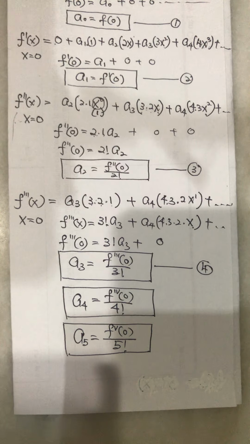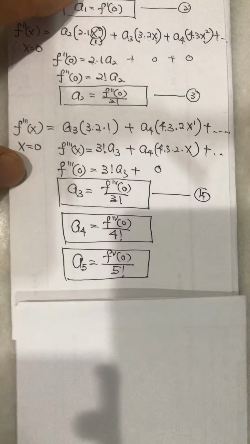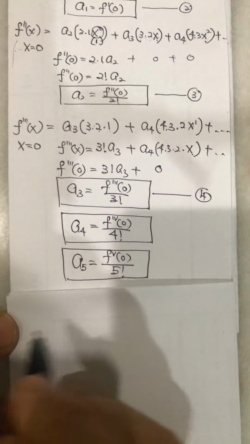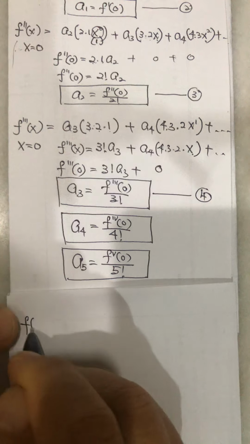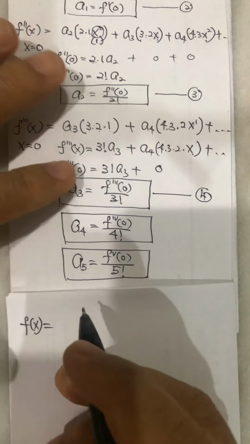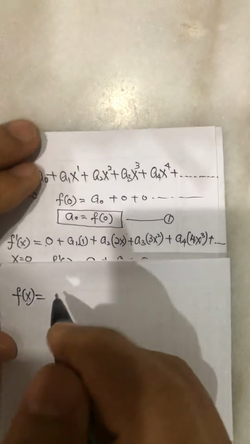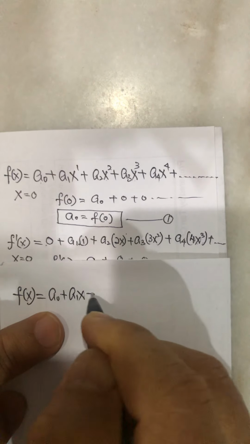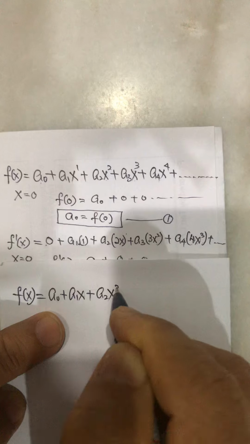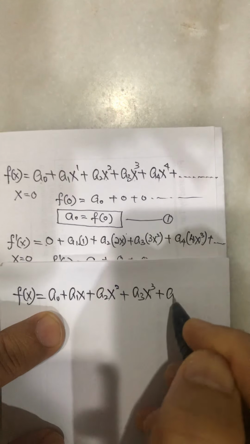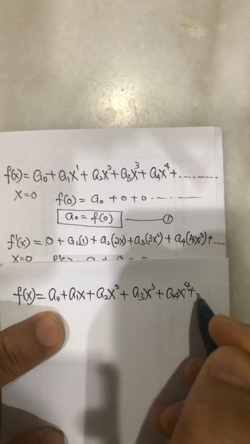Therefore, according to Maclaurin theorem, it says that all the functions, as I said earlier, can be expanded like this. Is a0. What is a0? Okay, look back. This is a0 plus a1x plus a2x squared plus a3x cubed plus a4x to the fourth and so on.